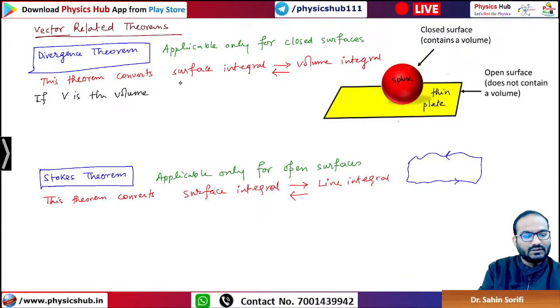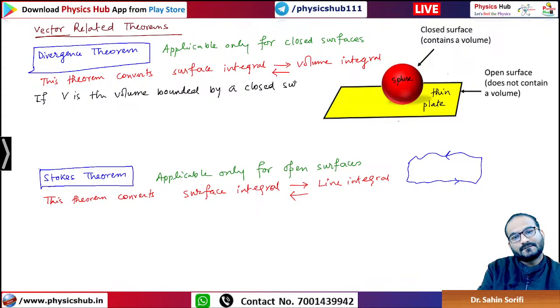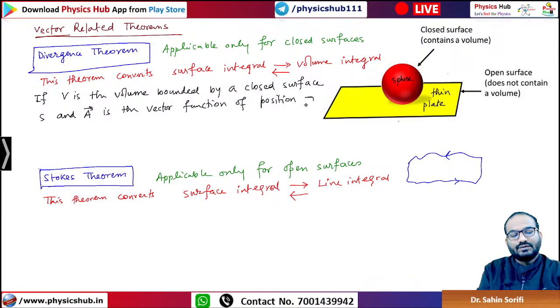So if V is the volume bounded by a closed surface, let's say S, and A is a vector function of position, a function of r, with continuous derivatives.